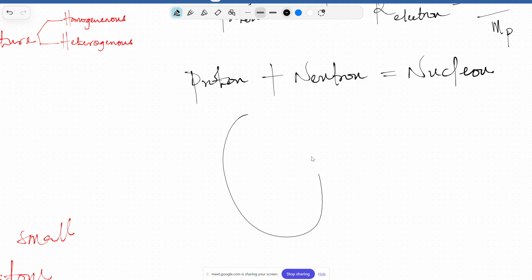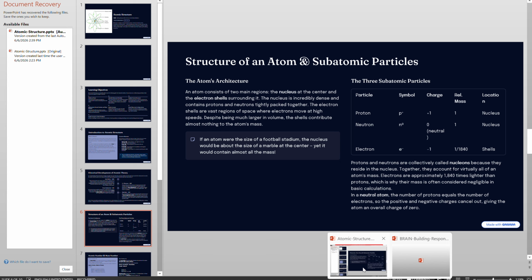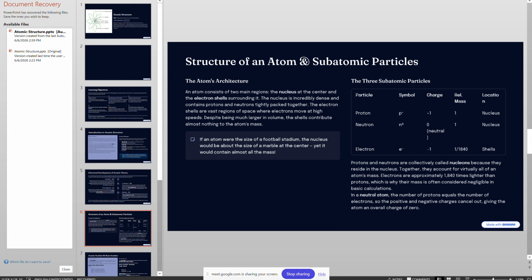So if this is the proton and this is the neutron, the two of them combined together is the nucleon. Okay, let's move.